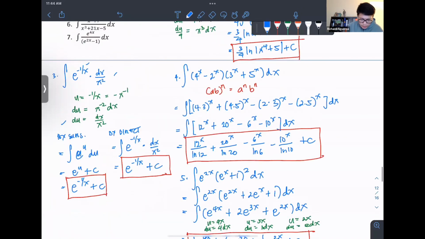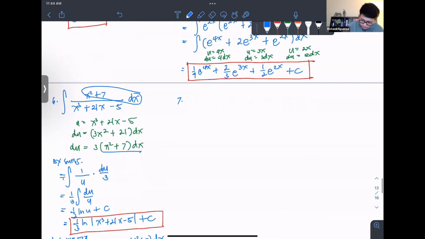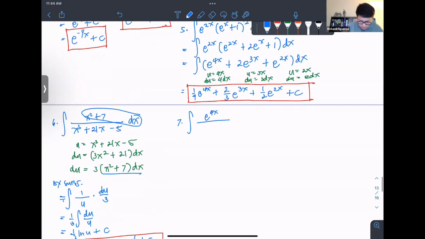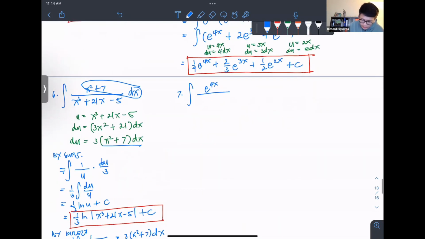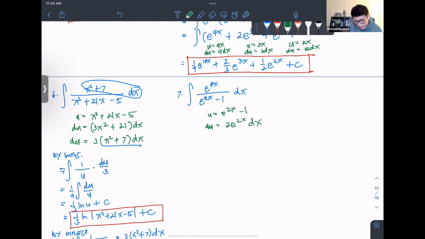And for the last one, we have e raised to the 4x all over e raised to 2x minus 1 dx. So again, can we use a logarithm here, wherein u will be e raised to 2x minus 1? So its derivative would be 2 e raised to 2x dx.